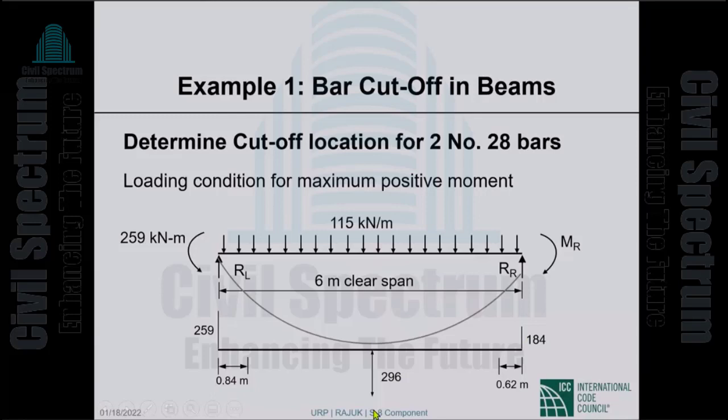Okay, so from this diagram, we can calculate that the inflection point is 0.84 meters from the left support and 0.62 meter from the right support.